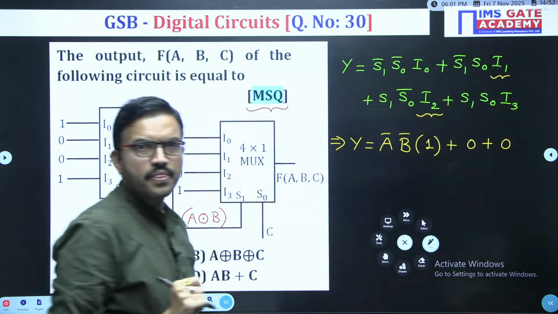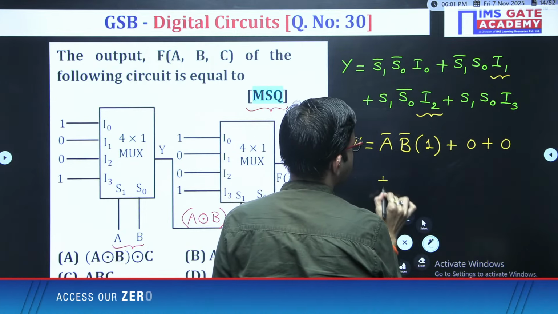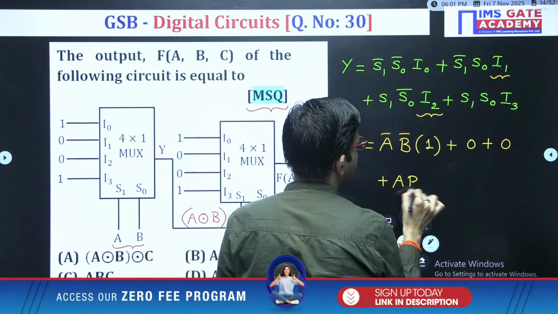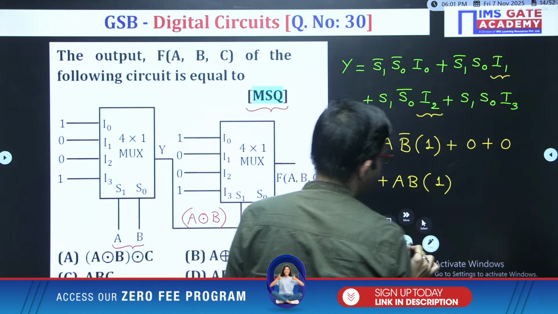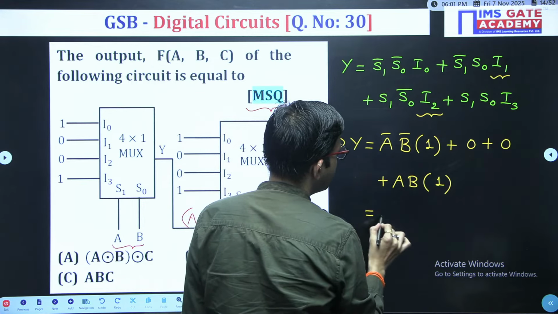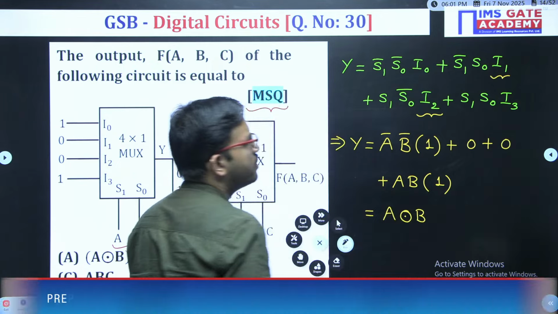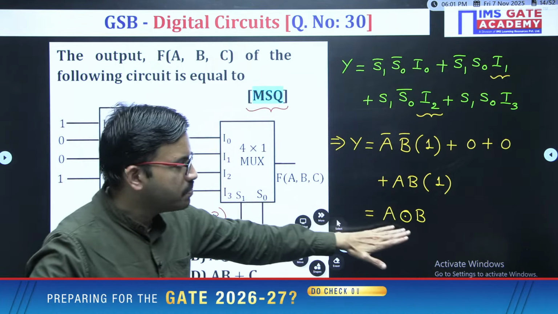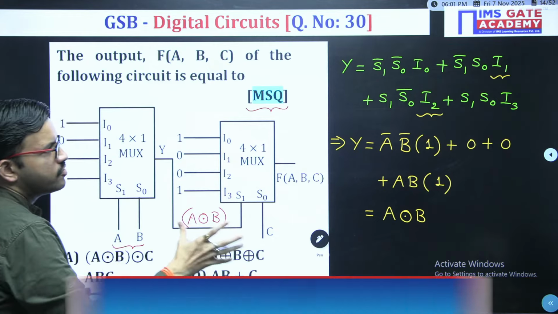And the last term is AB into I3, which is 1. So now what you are getting is A bar B bar plus AB, which is nothing but A XNOR B. I hope all of you understood.